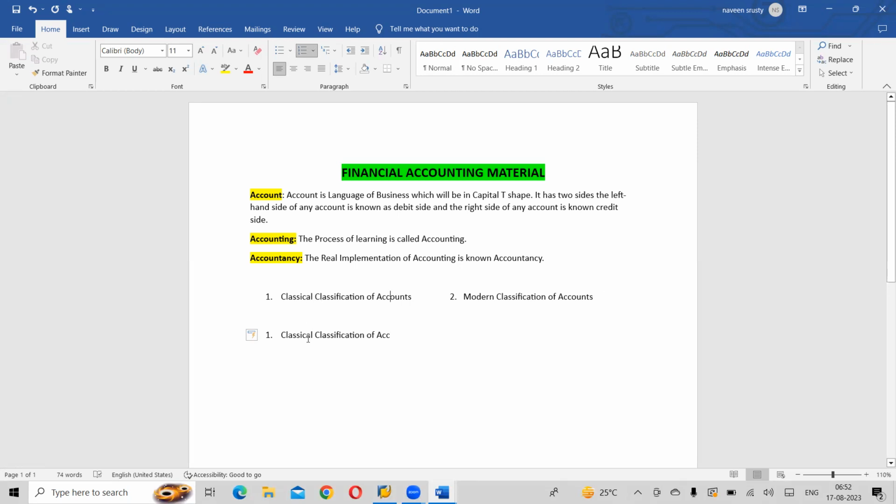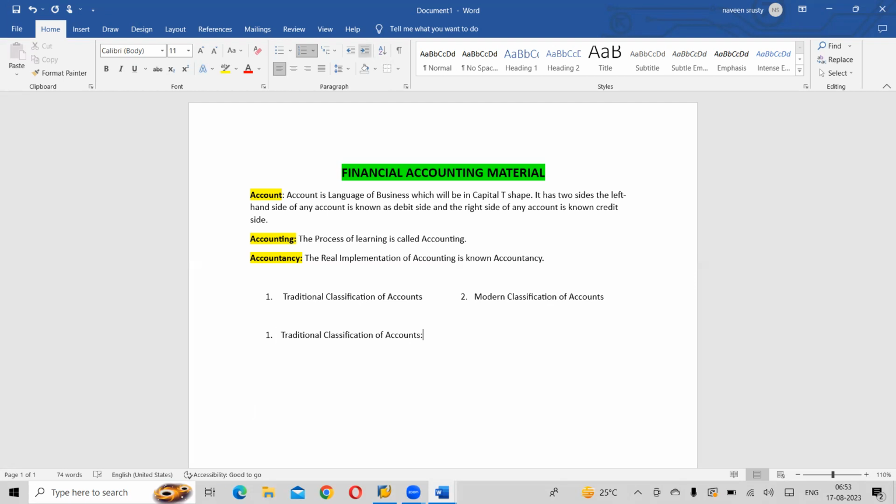This is the old system, what we do. Instead of classical, you can call it traditional. What is the traditional classification of accounts? Yes, personal, real, nominal.